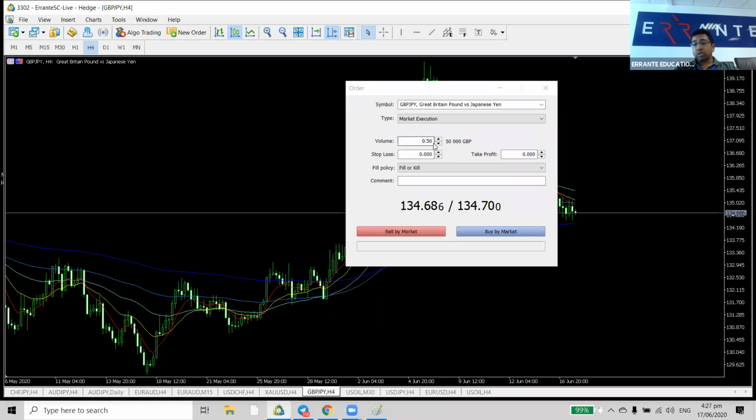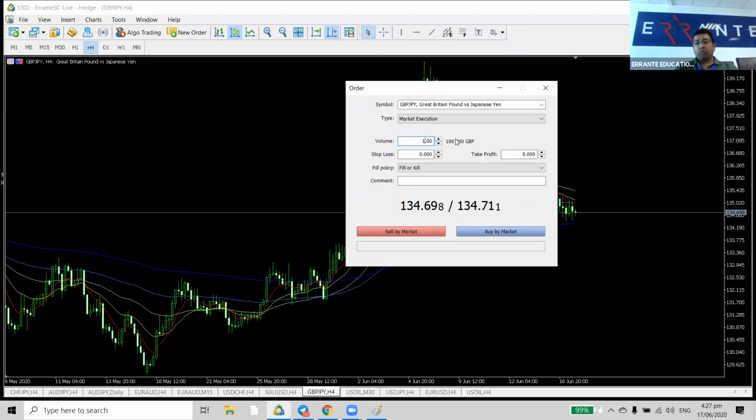But whatever you see, if for example you see one, it's not $1, it's not anything in dollars or any other currency. Anything you see here has to be in lot, so it is actually one lot. If it is 0.5, that means it's half a lot.